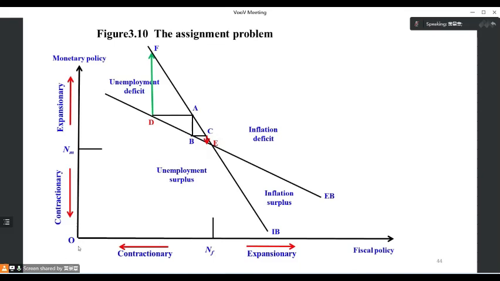The horizontal axis is expressed by fiscal policy, and the vertical axis is monetary policy.